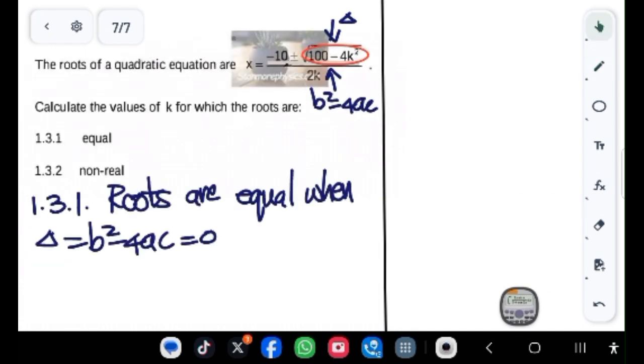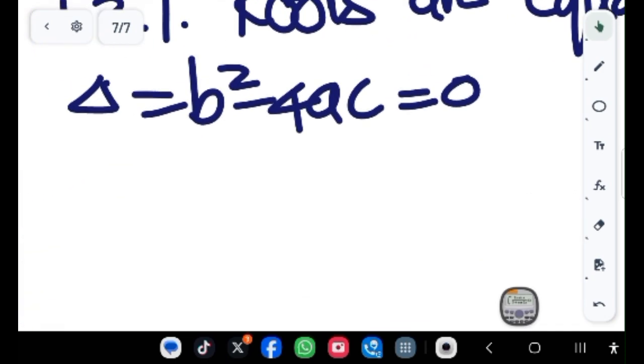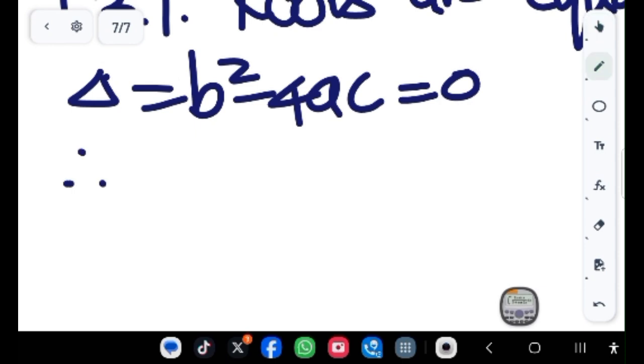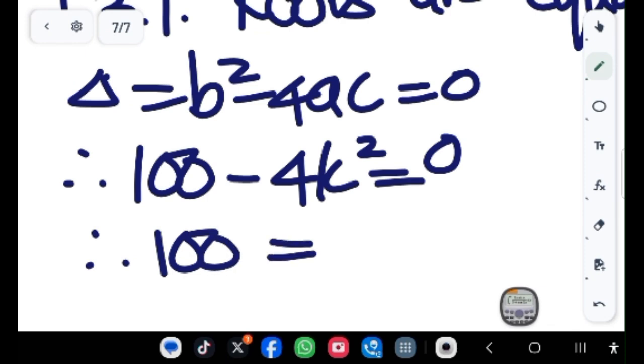So now you don't have to go through all the trouble. There is your delta. So therefore this delta, which is 100 minus 4k squared, must equal 0. You can take this to the right-hand side. It's up to you how you want to solve that.